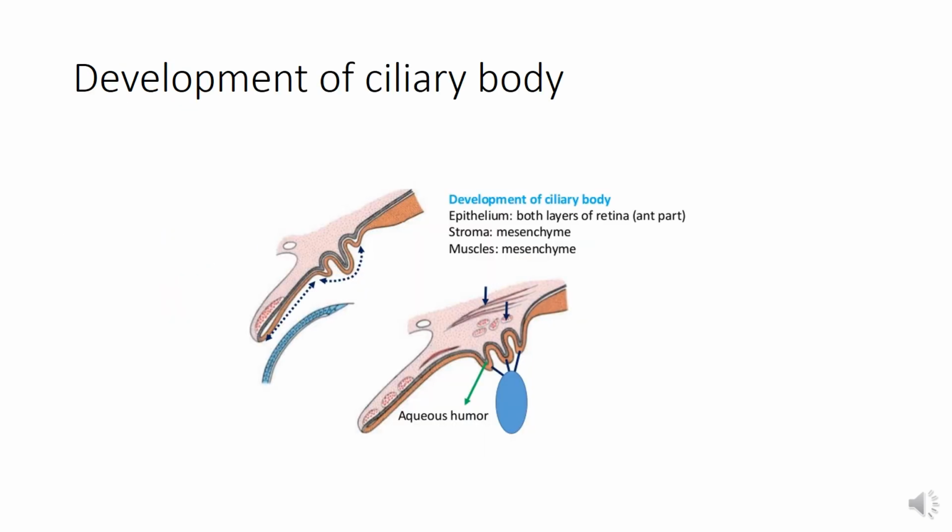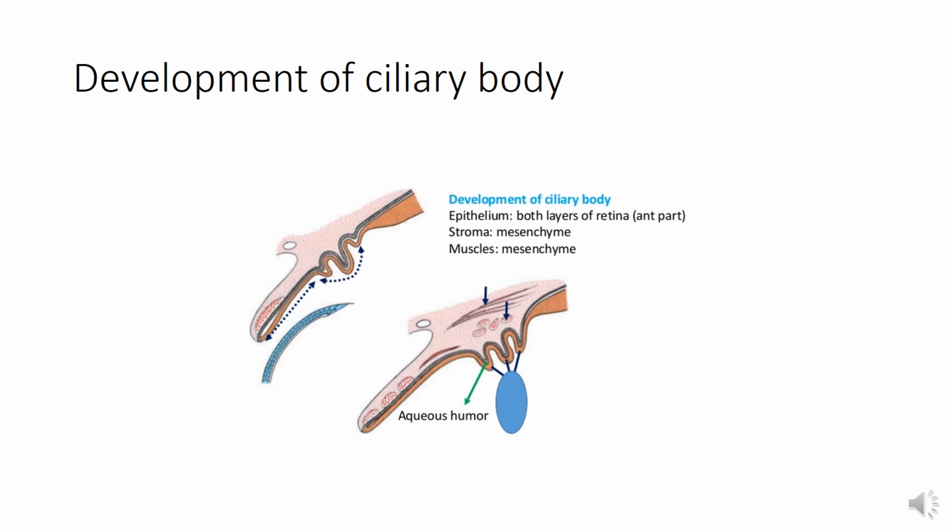So this is the development of the ciliary body. The pigment epithelium of the ciliary body is derived from the outer layer of the optic cup. The inner layer of the optic cup differentiates into ciliary epithelium.